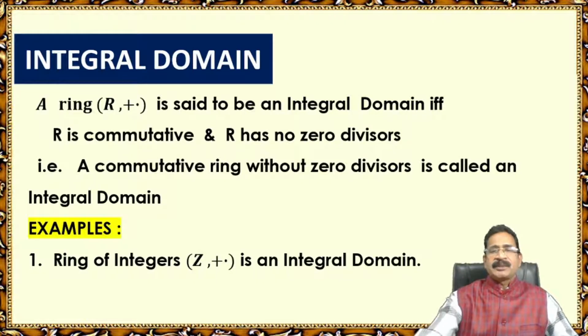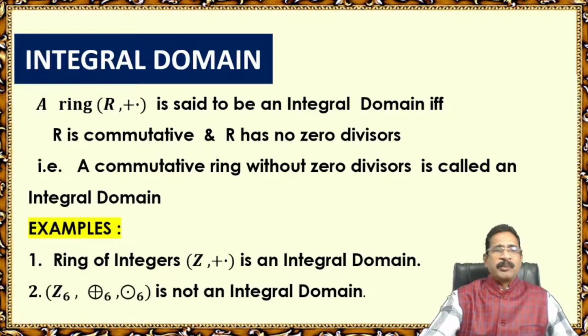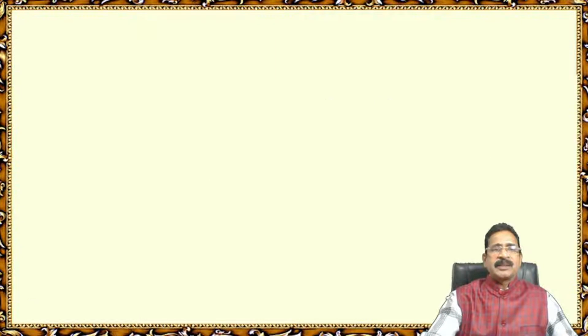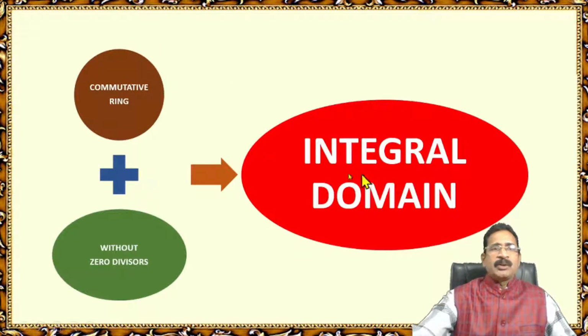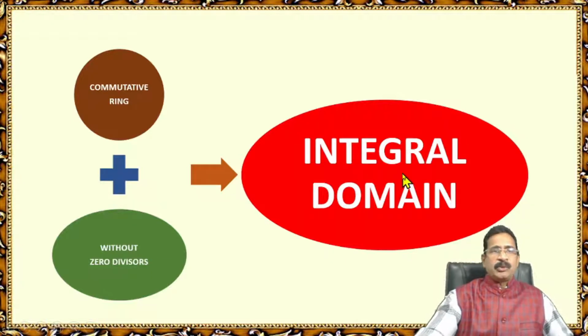This ring of integers is an integral domain. And (Z6, +6, ×6), addition and multiplication modulo 6, is not an integral domain. Why? Because it does not have the property of being without zero divisors. That means it has zero divisors. Therefore, this is not an integral domain. So, a commutative ring without zero divisors is an integral domain.